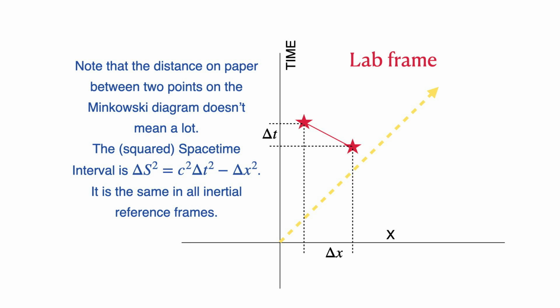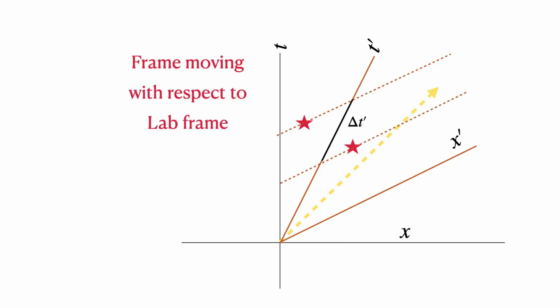In the frame moving with respect to the lab, here's delta t, the black segment on the t prime axis. We generally use x prime and t prime to be the coordinates in the frame that's moving with respect to the lab.